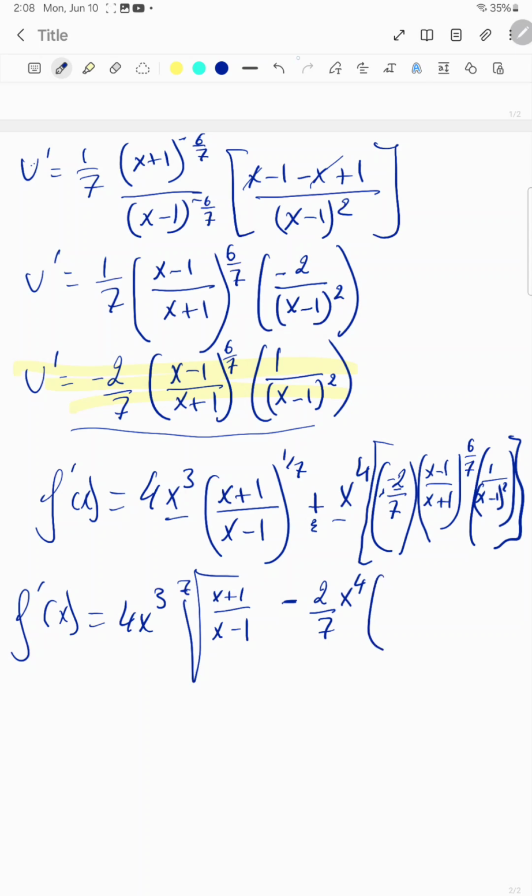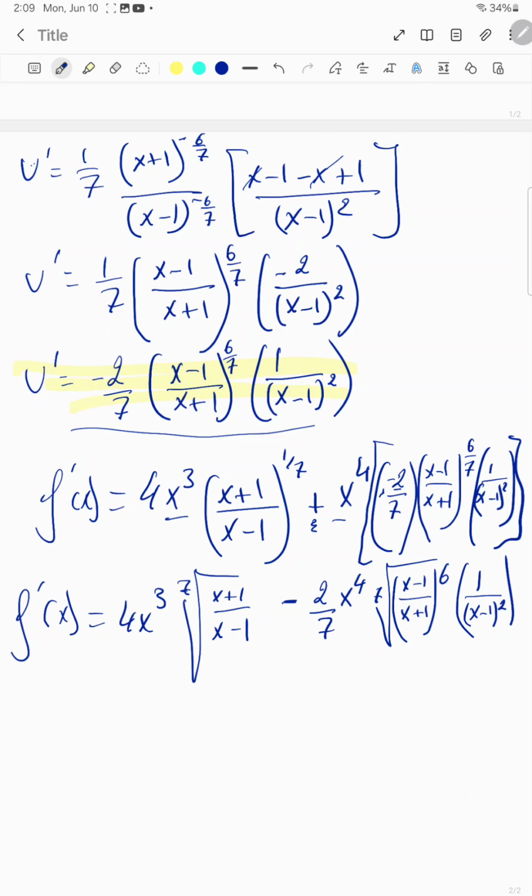Actually, let's put it in a root. The 7th root of x minus 1 divided by x plus 1 to the power of 6, times 1 divided by x minus 1 squared. And that would be the final answer.